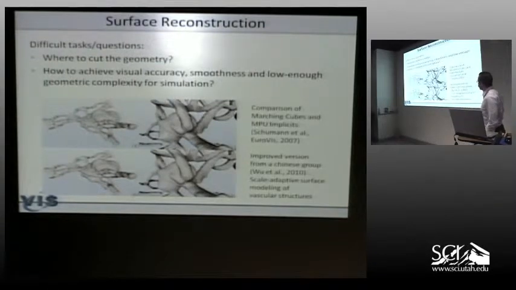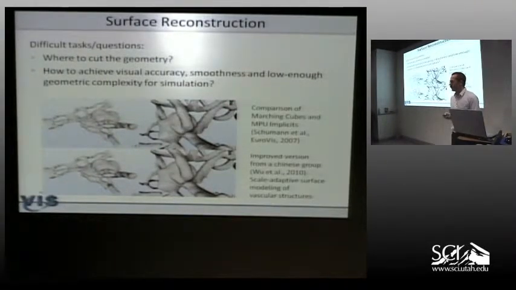We have used for generating these kinds of visualization a variant of the marching cubes algorithm, the MPU implicit algorithm. This was developed at the Max Planck Institute in Saarbrücken, originally for generating good surface visualization from point sample data. I saw in one demo the Michelangelo data set, the statue.